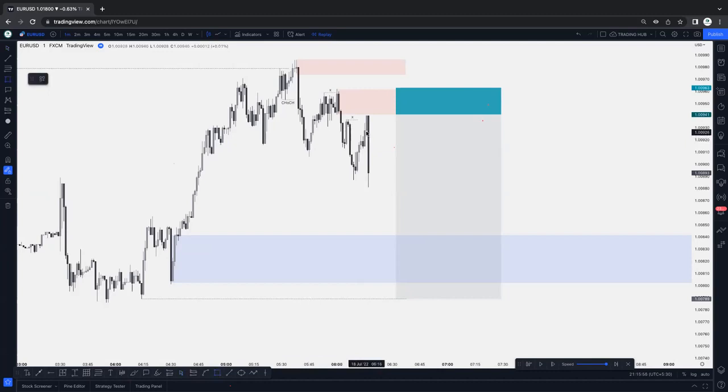At this point, do you want to sell here or not? Yes, absolutely. We can't sell here because there is no inducement. If the market did not break this low and goes a little bit higher, then we can sell here.